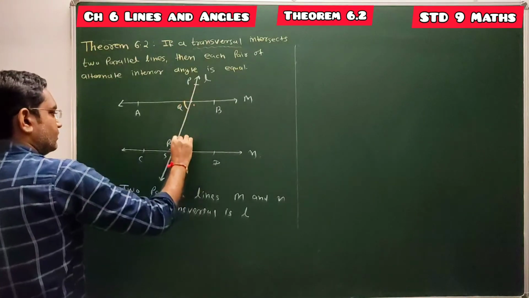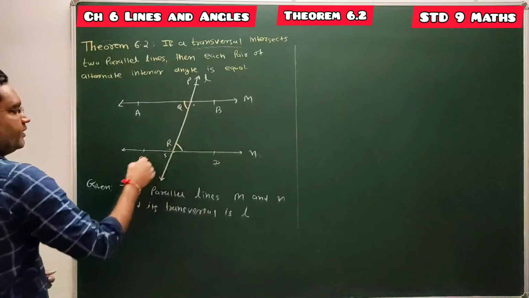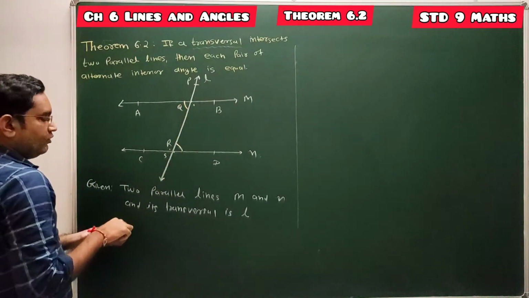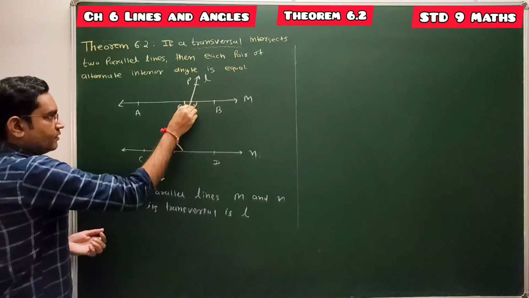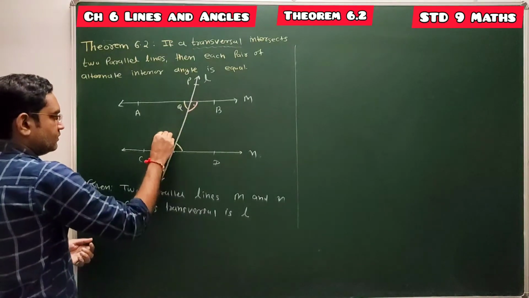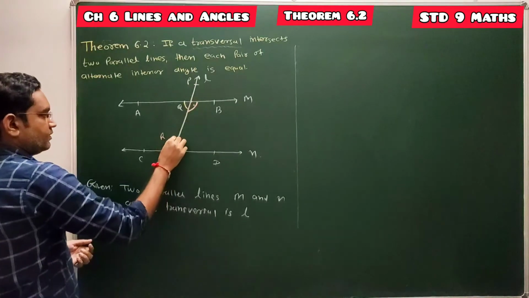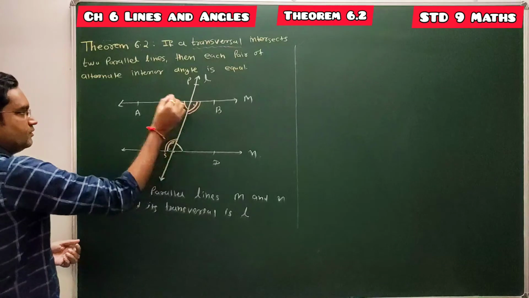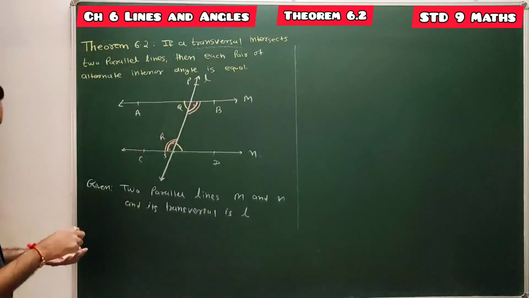This angle and this angle: this pair of angles is alternate interior angles. We have to prove that these two angles are equal. And another pair of alternate interior angles is this angle and this one. These two angles are alternate interior angles. Done? So you have to prove both pairs of angles are equal.